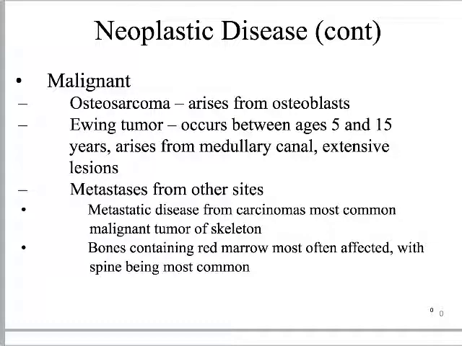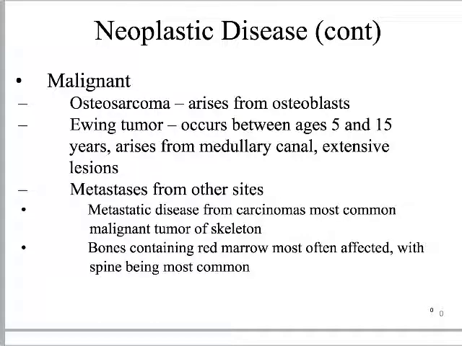These are going to arise from osteoblasts. And so what again do the osteoblasts do? They form bone. And so we would expect these tumors to cause an overproduction of bone. Ewing tumor, and this is going to be common in children. And this is going to happen in the medullary canal with lesions spreading throughout the body.